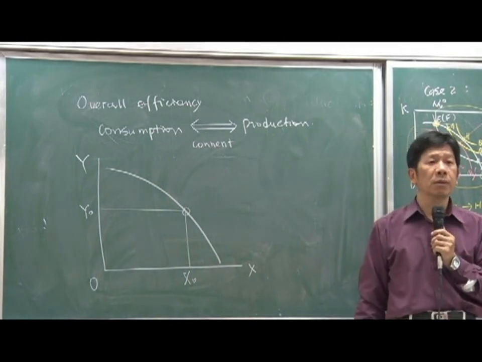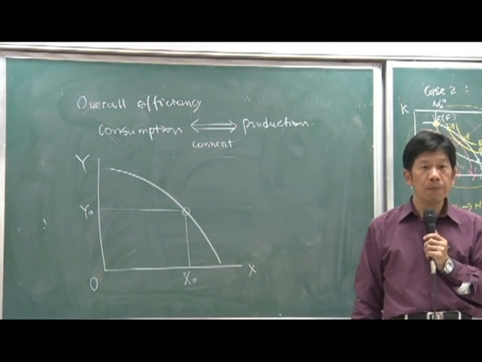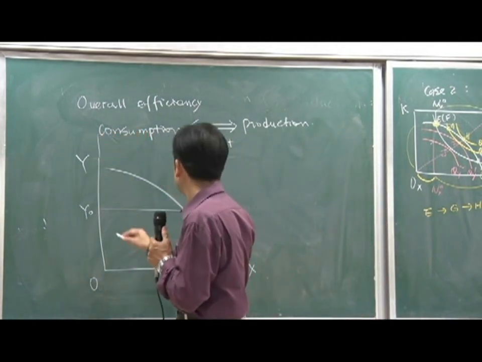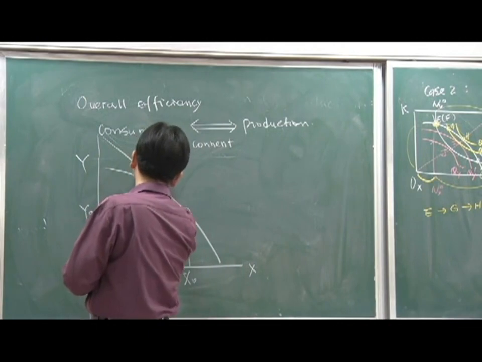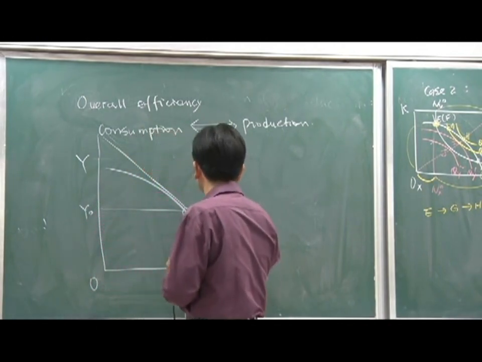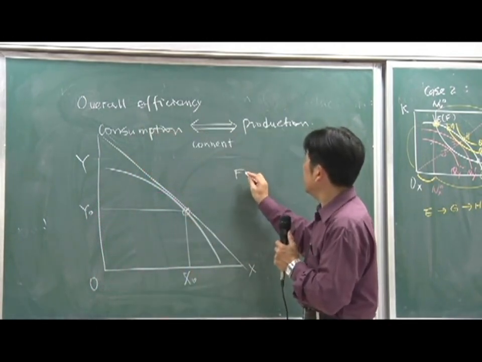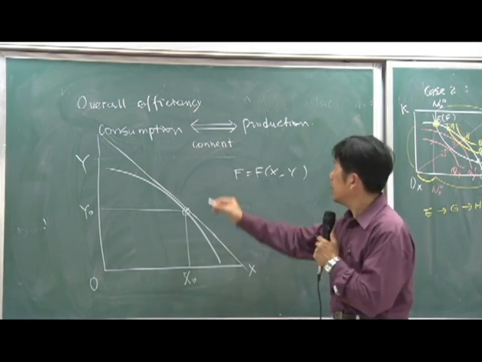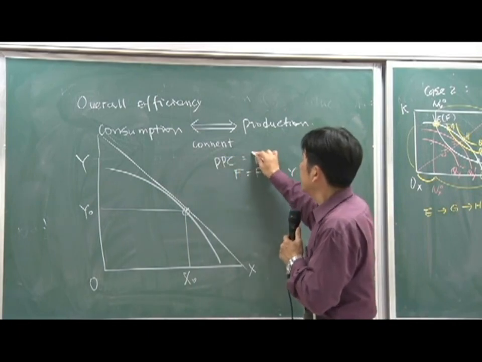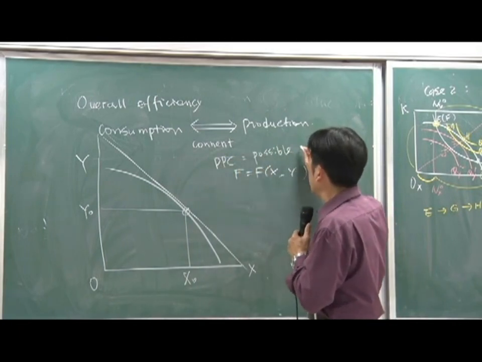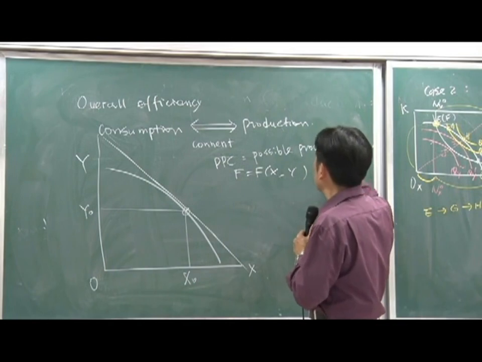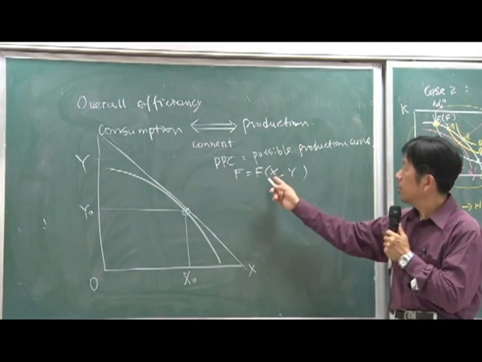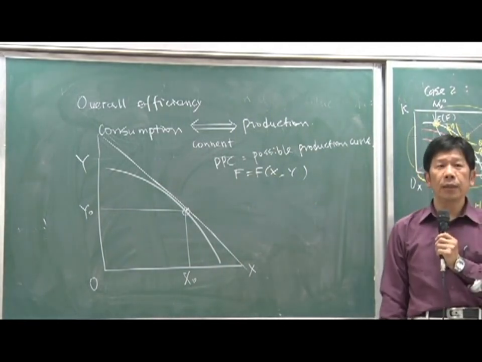And how to use them? Here we need to try to know. This is F equal to F(X,Y). This is what we call the PPC, the possible production curve. We just let F equal to F(X,Y).